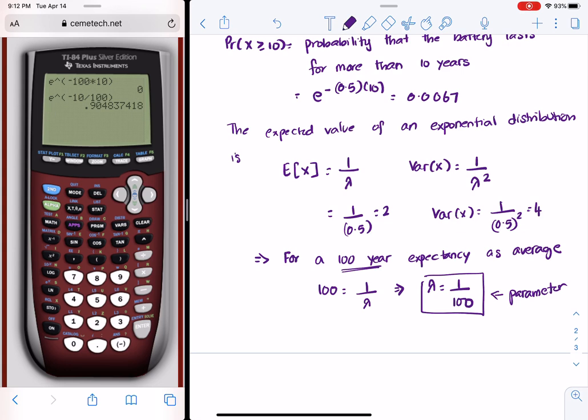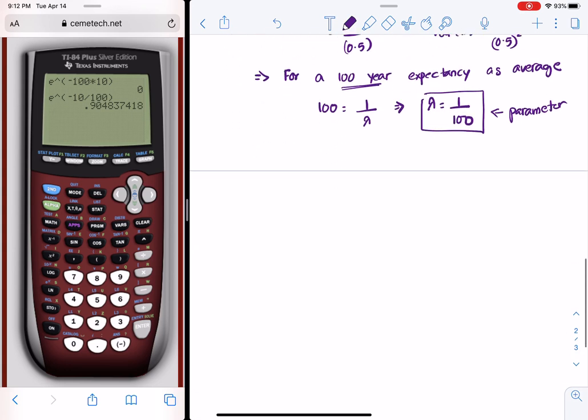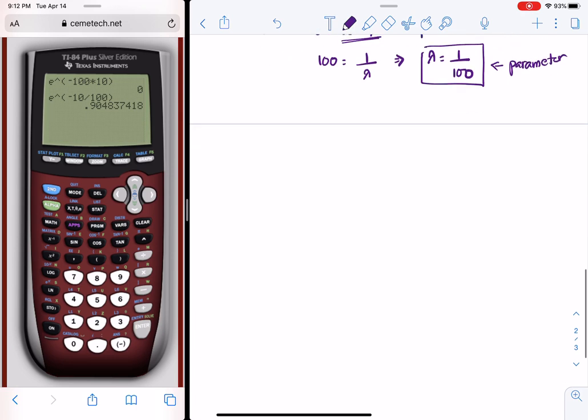Okay. So, here is an example. Well, before we get to the example, let me do the likelihood function.